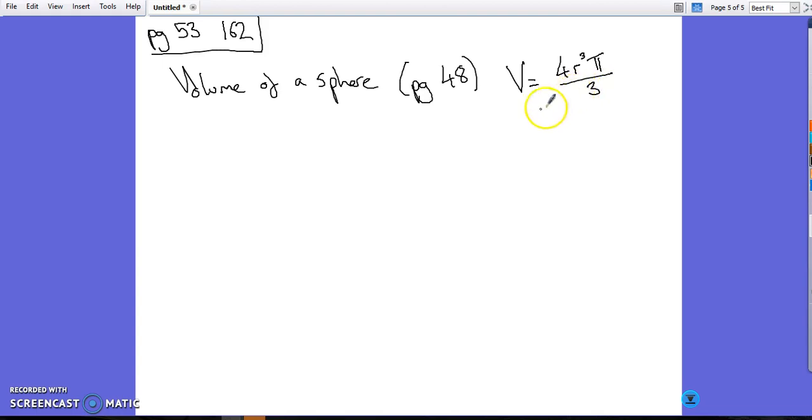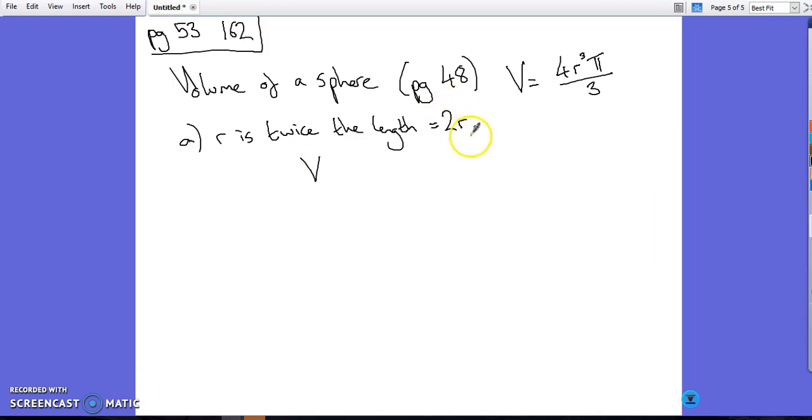And this is looking at, first of all, if r is twice the length, how does the volume of the sphere change? Well, if r is twice the length, then we could say that it's equal to 2 times the original length, r.